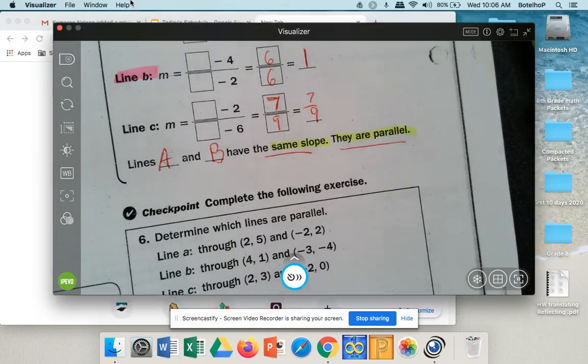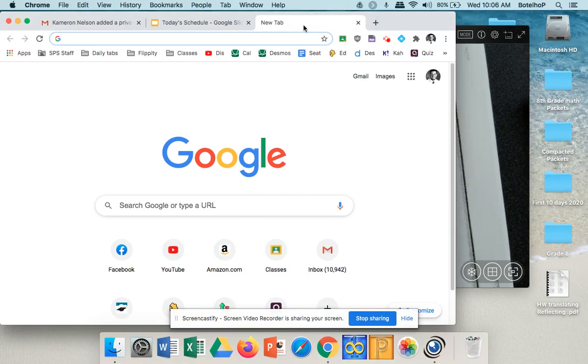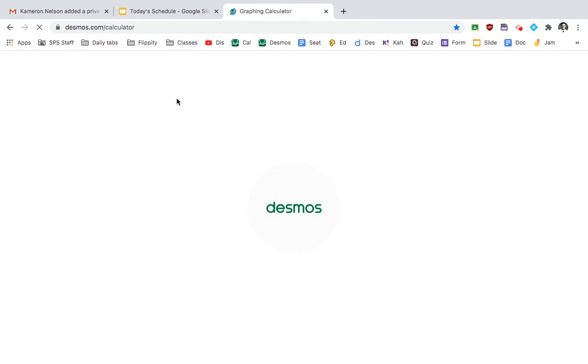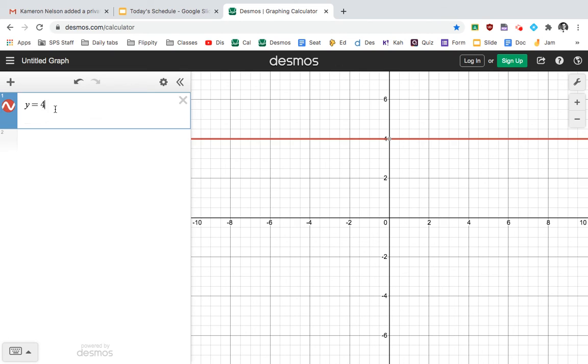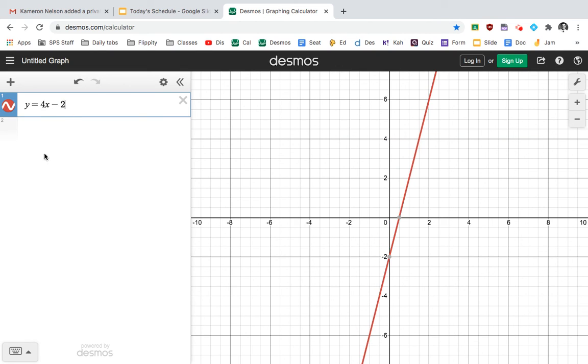If you don't believe me, I can go to handy dandy Desmos here, and pretty much I can just put in a couple lines here for you to see. So say I do y equals, I don't know, negative 4x minus 2. Okay. Now, if I want a line that's parallel to that, I'm going to have to use the same slope.